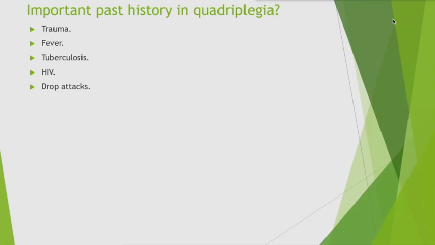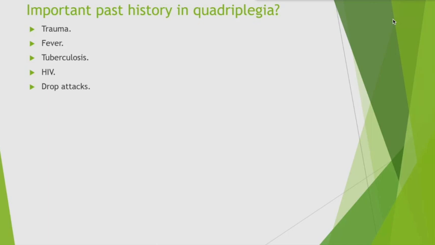What about HIV infection? What does HIV produce, paraplegia or quadriplegia? It is well known to produce opportunistic infections causing meningitis, cryptococcal meningitis, causing meningeal irritation.